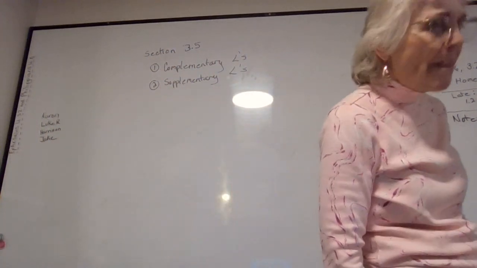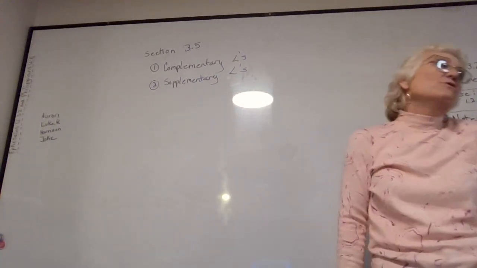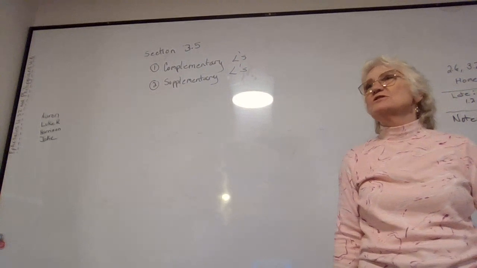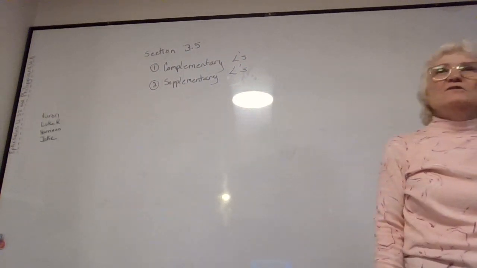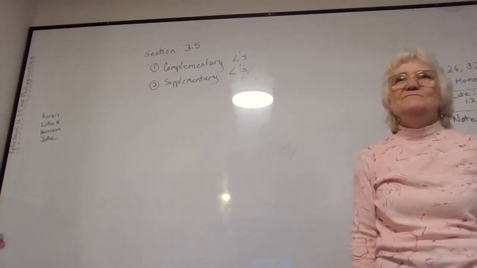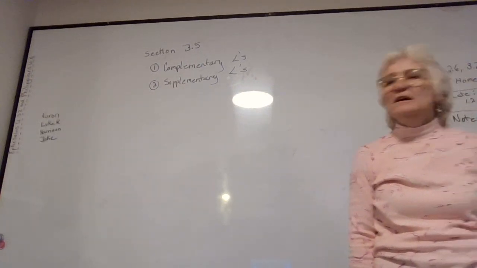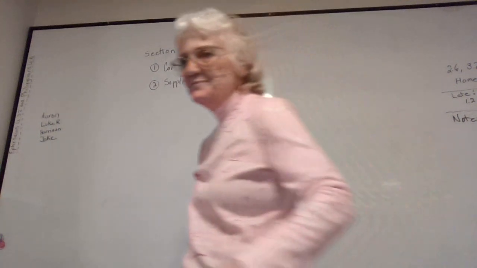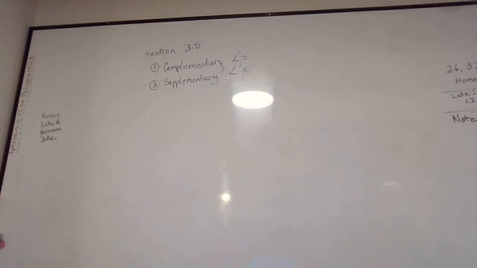Does anybody remember from previous courses or from looking in the book, because you took notes, what complementary angles mean? Anybody have any idea? There's a special thing about their measurement.